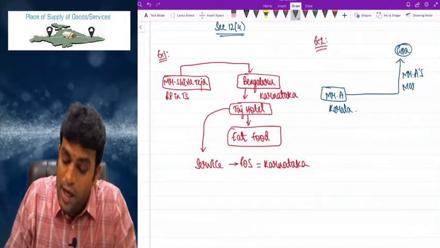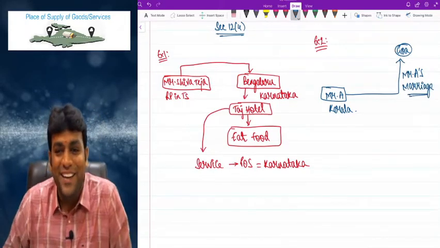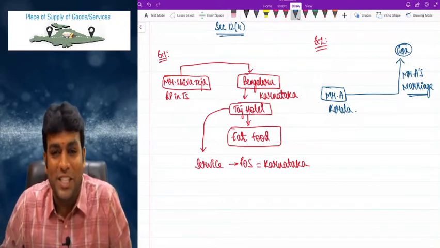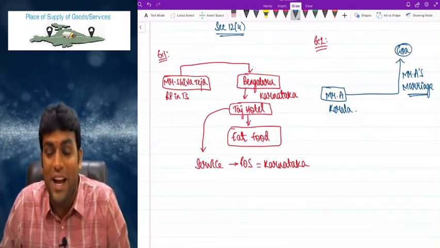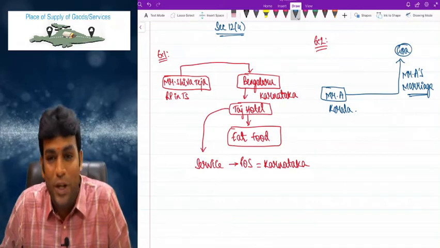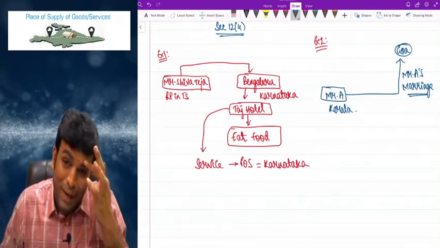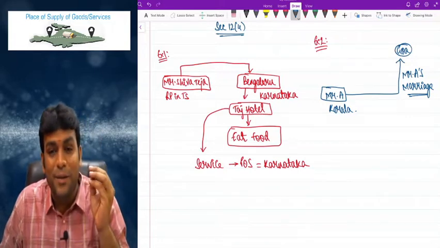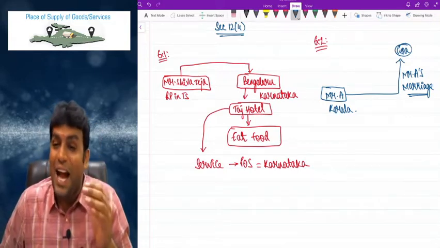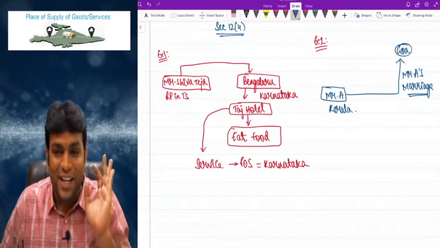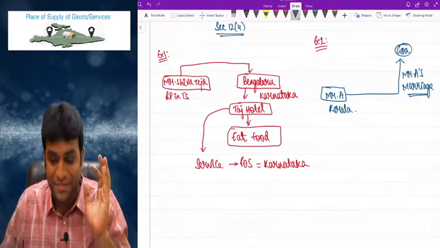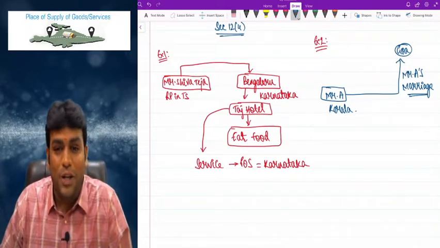In Goa there is Mr. A's marriage, something like a destination wedding. Nowadays there is a trend of destination weddings. So Mr. A of Kerala is going to Goa to get married there. The bride, the bridegroom, and all the family members are going to assemble in Goa, and in Goa Mr. A is going to get married. A is from Kerala, and he is going to Goa to get married there.